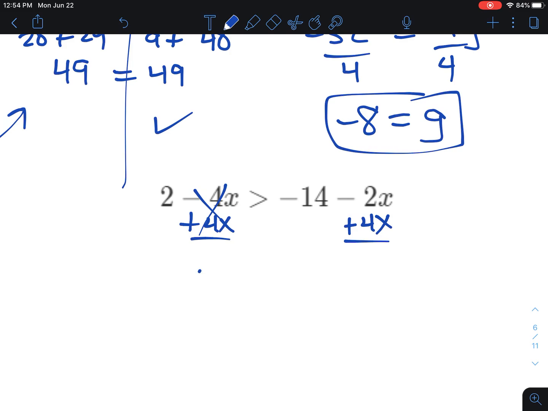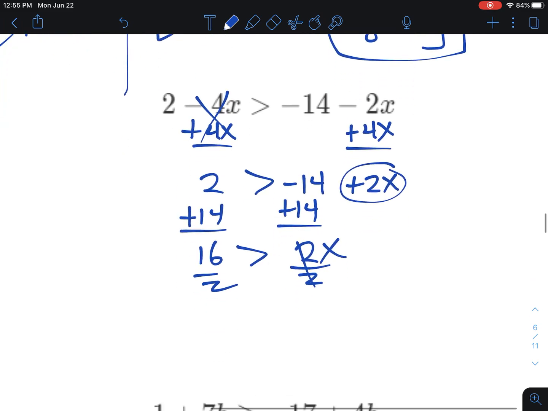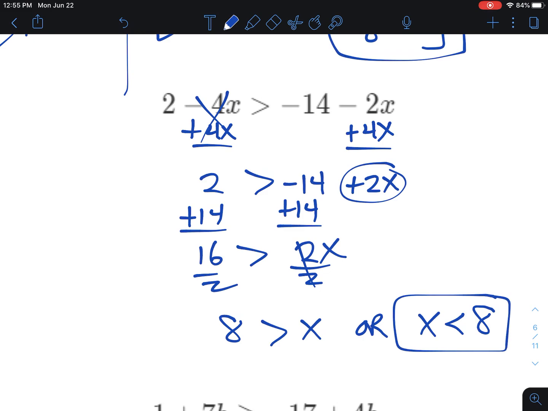Test that, make sure I'm right. So this would be 2 is greater than negative 14 plus 2x. Back to a two-step, move the 14, negative 14, by adding it. So 16 is greater than 2x, divide by 2, and you get 8 is greater than x, which is the same thing as x is less than 8.